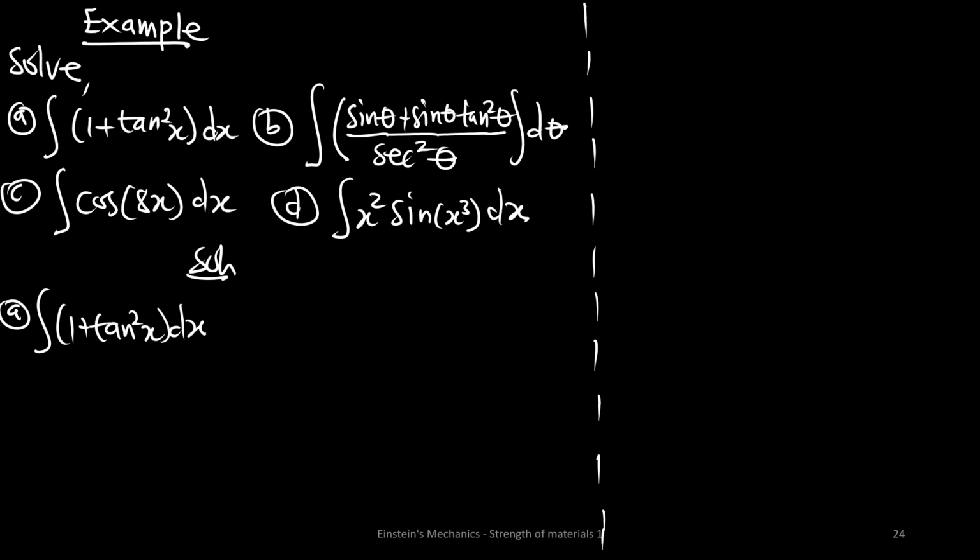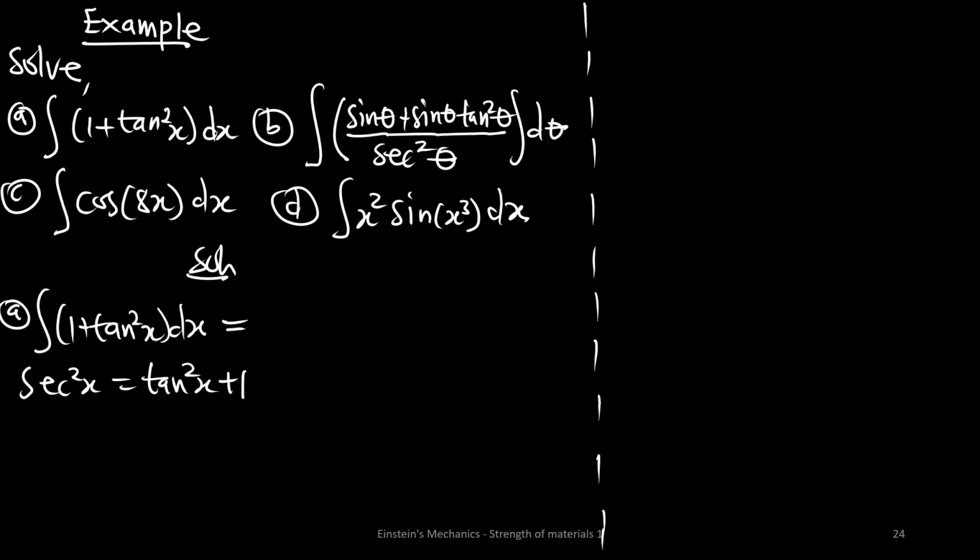So first, if we pay attention, this expression 1 plus tan square x, we can do something about it, right? It's one of the trig identities. We saw that sec square x is equal to tan square x plus 1. This is an identity, right?